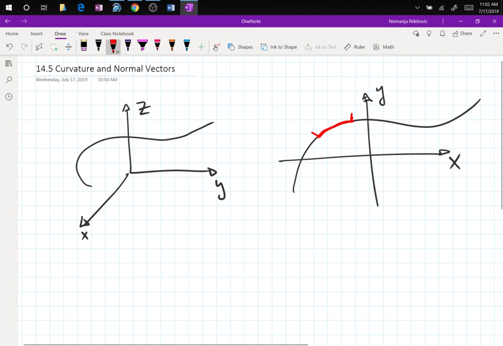And then you have another circle fit somewhere else and another circle. So this little curvature here, which we are going to call delta S, which is the little bit of the arc length, right? Delta S.